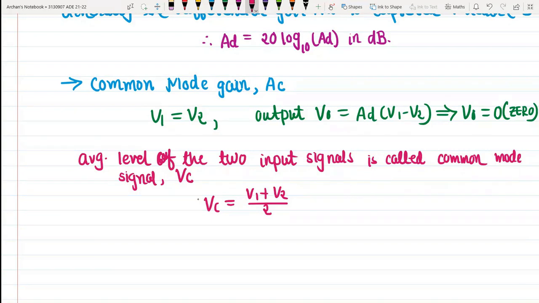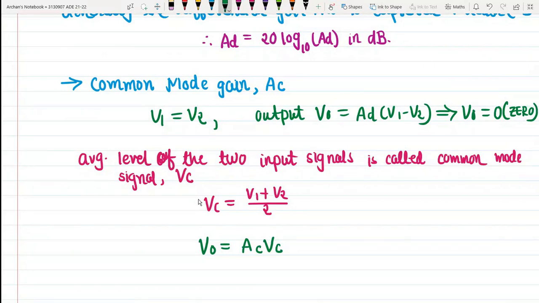Okay, so now my output voltage equation will be another, that is V0 is equal to AC times Vc.